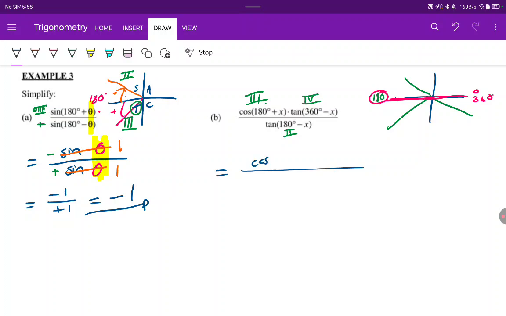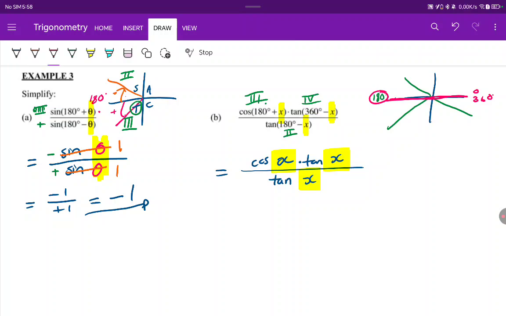So this is going to be cos, this is going to be tan, and this is going to be tan. Keep everything the same. Now, what about these x's? These x's we bring down, right? It's x, x, x. Notice that the angles always remain positive. So, cos x times tan x over tan x.